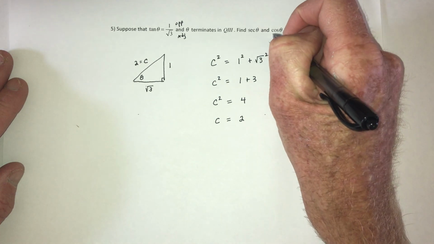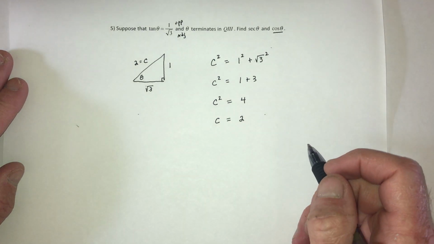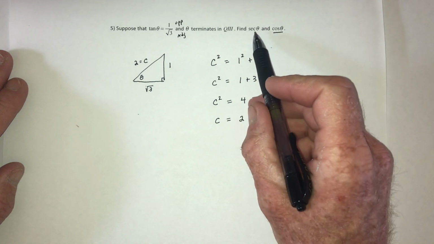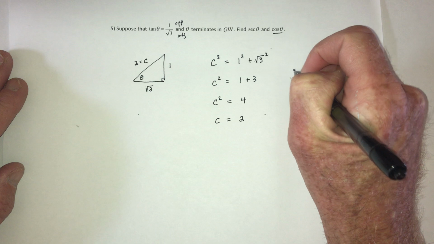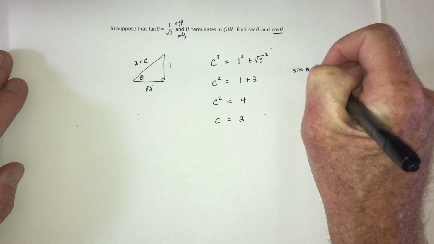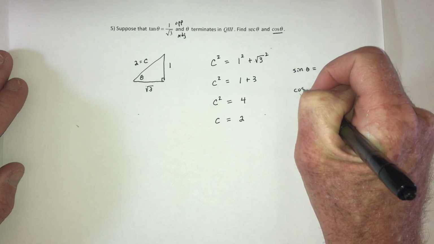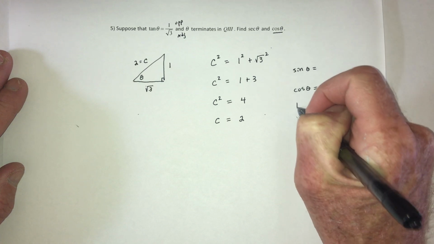So I'm going to actually do cosine first, because once I do cosine, secant is just the reciprocal. So you could use Sohcahtoa to remember. Personally, I use this one.